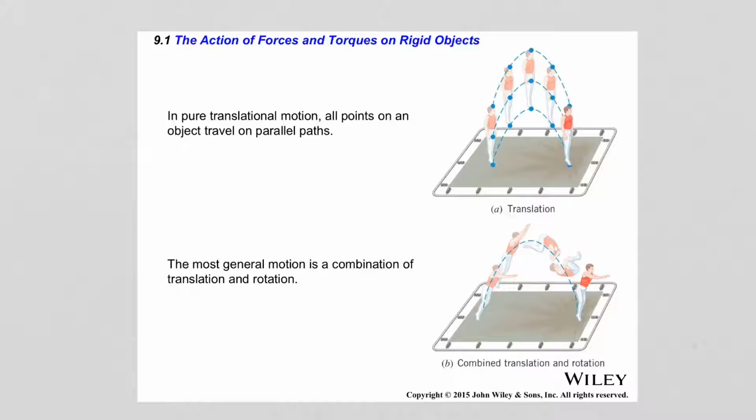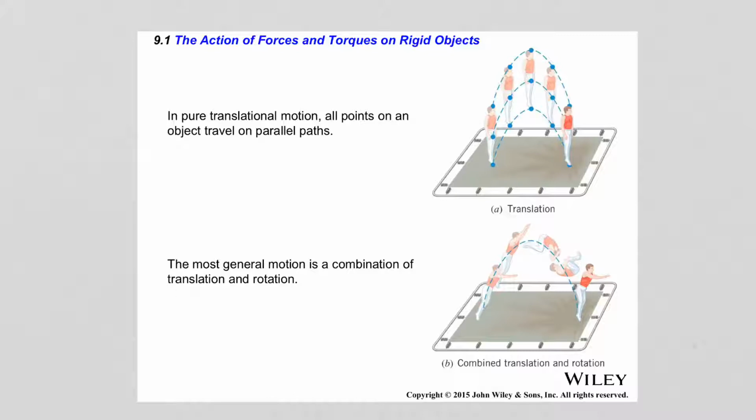We also discussed kinematics of rotational motion, where I talked about quantities that are used to describe rotational motion. But now, in the context of dynamics, it's important to understand how forces affect rotation.